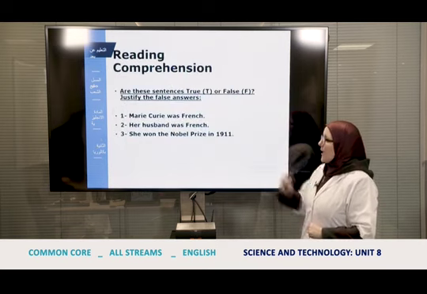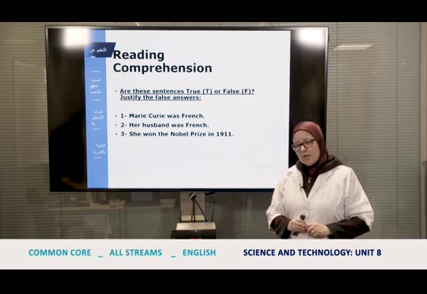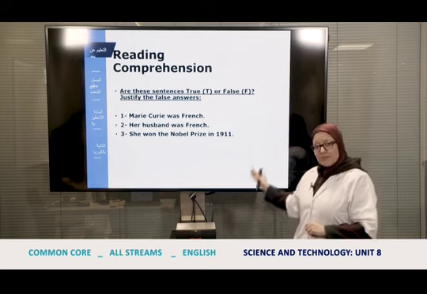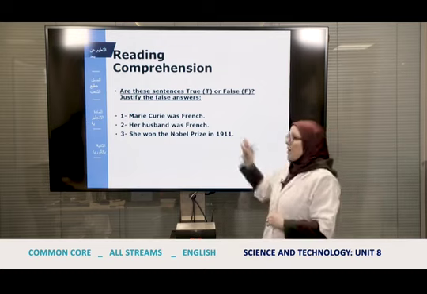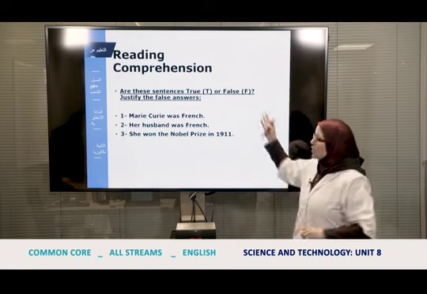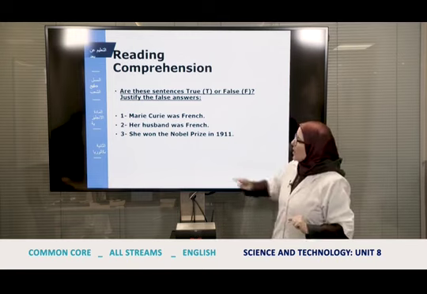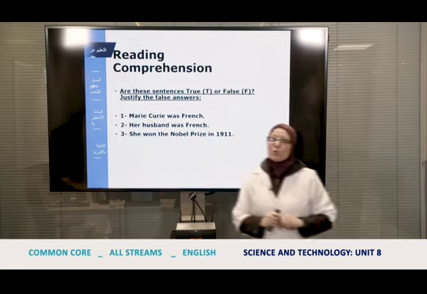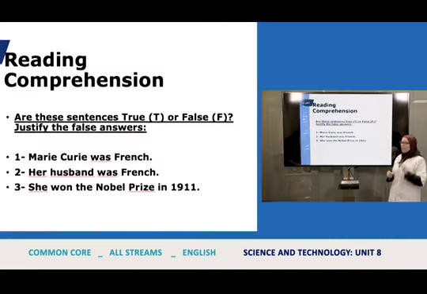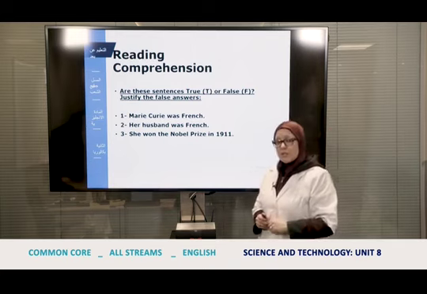Now please, I'd like you to note down these questions because you're going to have a conversation and you have to answer these questions by saying whether they are true or false, and you are asked to justify the false sentences. So I give you a few seconds to write down these examples. Have you written all of these questions?